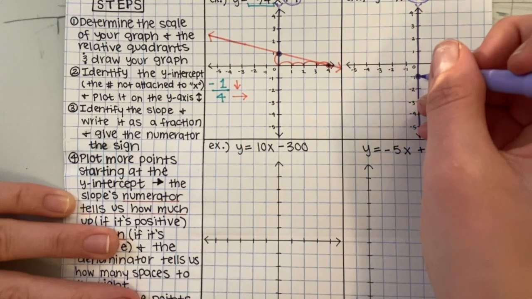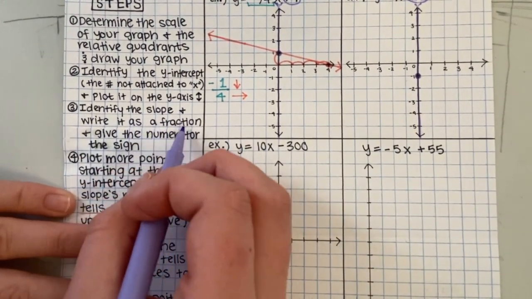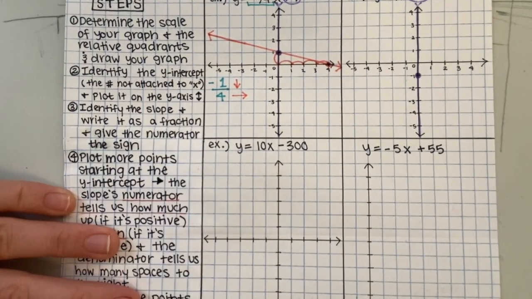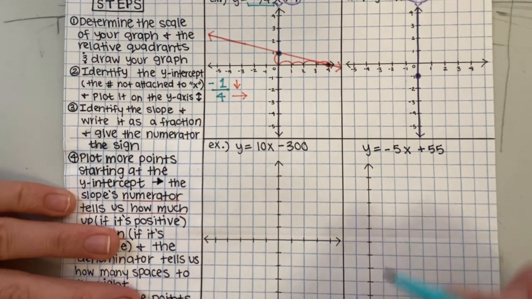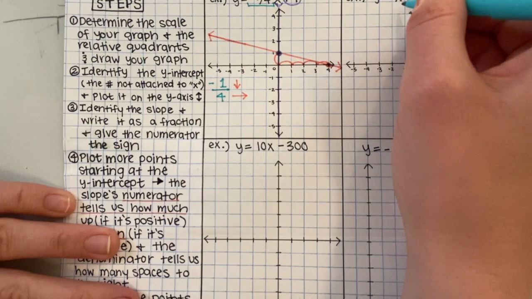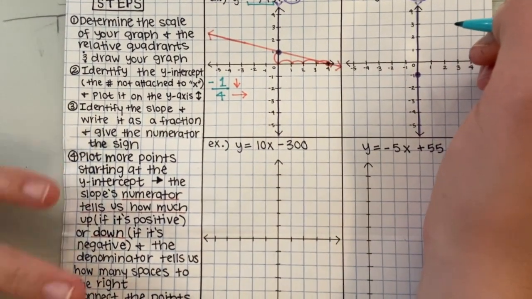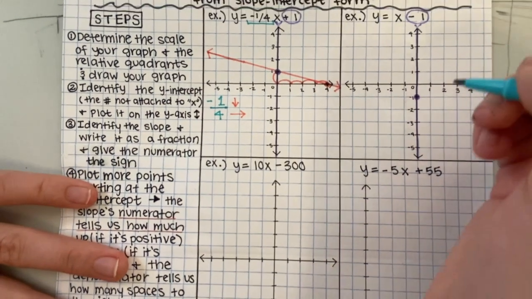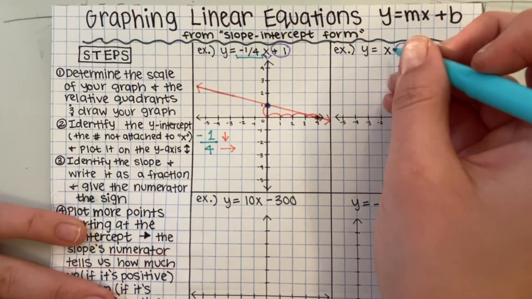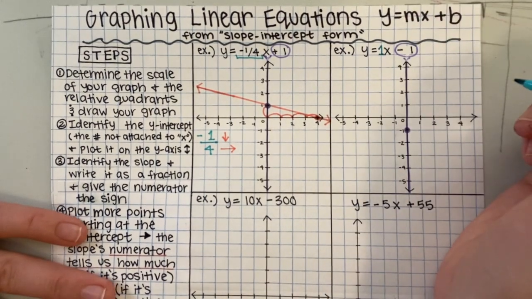My next step is to identify the slope and write it as a fraction and give the numerator the sign. So in this case, we could get stumped. This has no coefficient, or at least it doesn't look like there's one. But I need to remember, if there is nothing attached to my x, then there is an invisible coefficient of 1.